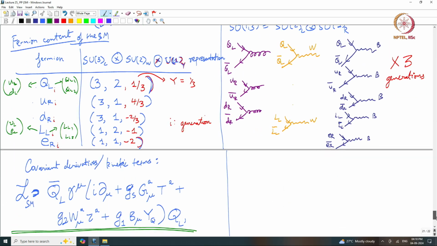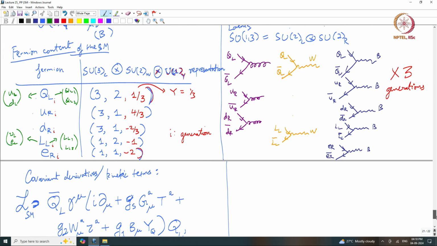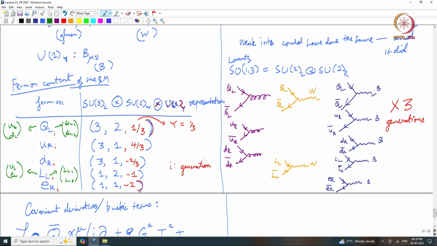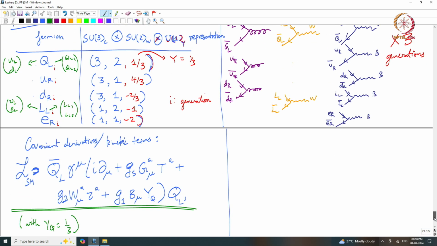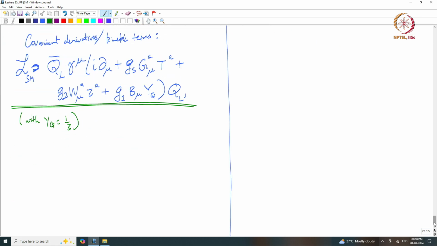If you think about it, I have written down the kinetic term using covariant derivatives. So, I have written down all the interactions, I have accounted for all the vertices that I have drawn here. But what about the masses? Where are the fermion masses here? Okay. That is going to be the theme of the next 2 or 3 lectures, okay.